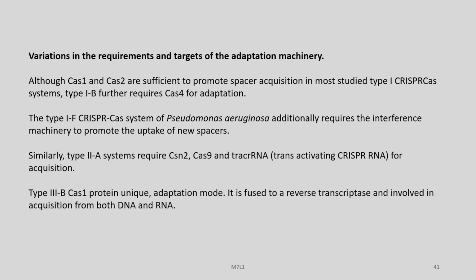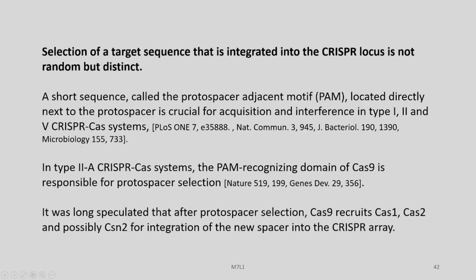Similarly, type 2a systems require Csn2, Cas9 and tracrRNA, which we have discussed, for acquisition. The type 3b Cas1 protein has a unique adaptation mode: it is fused to a reverse transcriptase and involved in acquisition from both DNA and RNA.